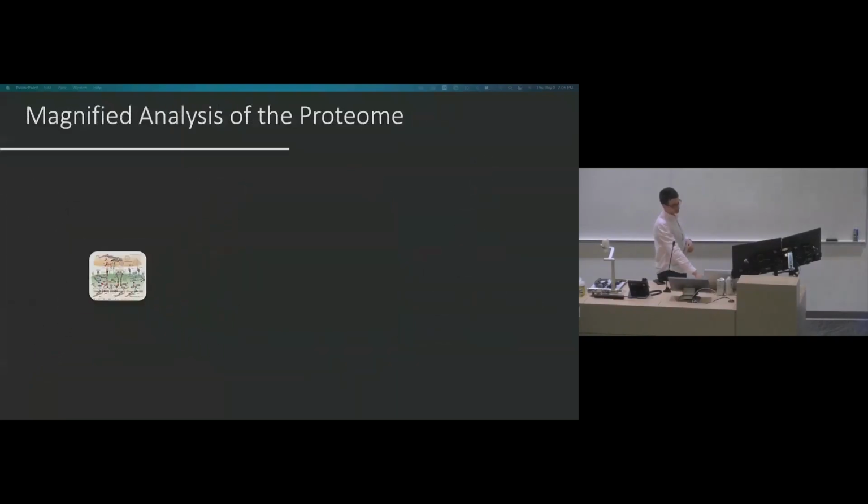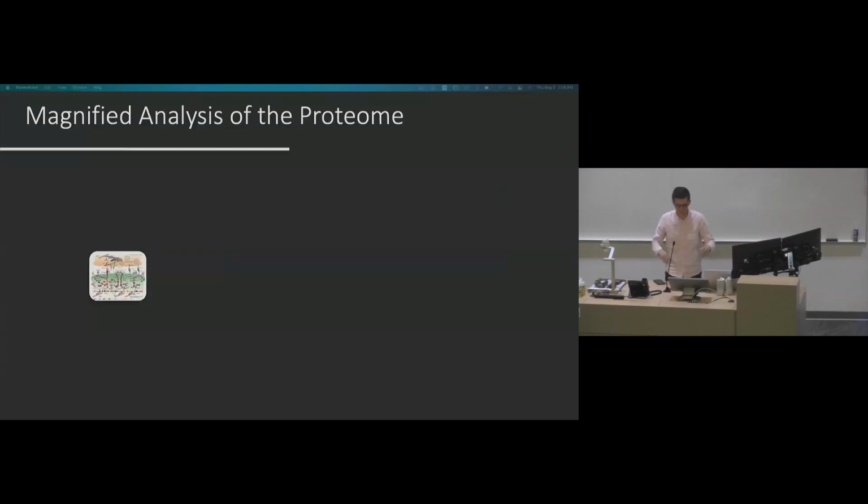I'm not going to go over the protocol in too much detail. This has been published and it's available to everyone, so for the step-by-step protocol I would refer you to the paper that I'm going to show you.